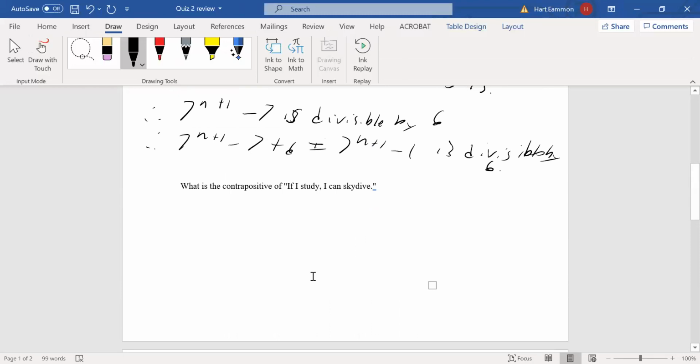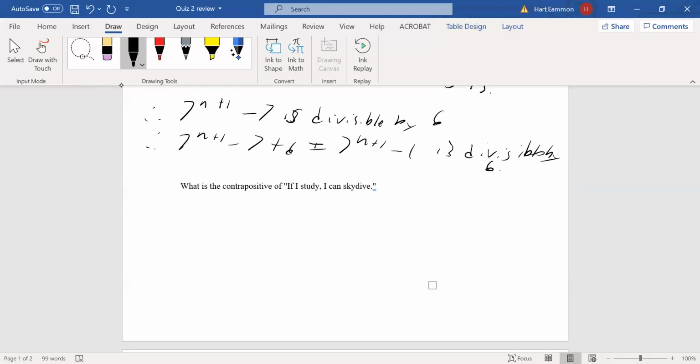So what is the contrapositive of "if I study, I can skydive"? Does anyone remember the structure of contrapositives? If I can't study, I can skydive. If I don't study, I can't skydive, sorry. No, that's the converse.